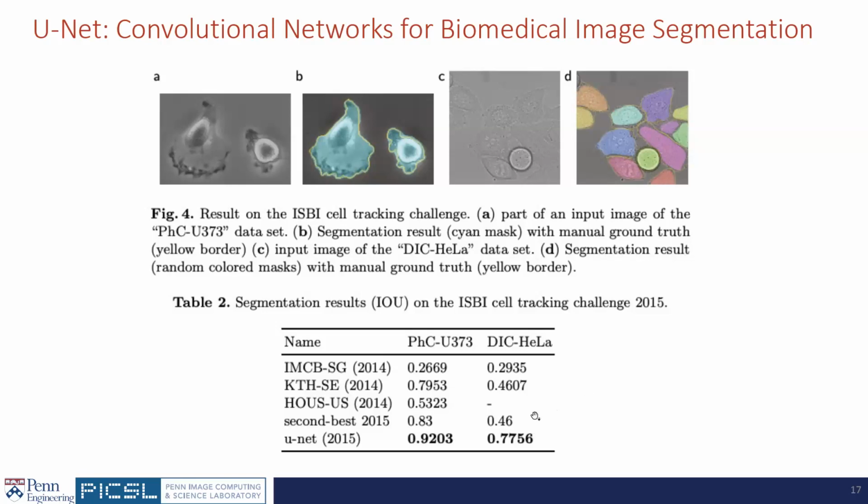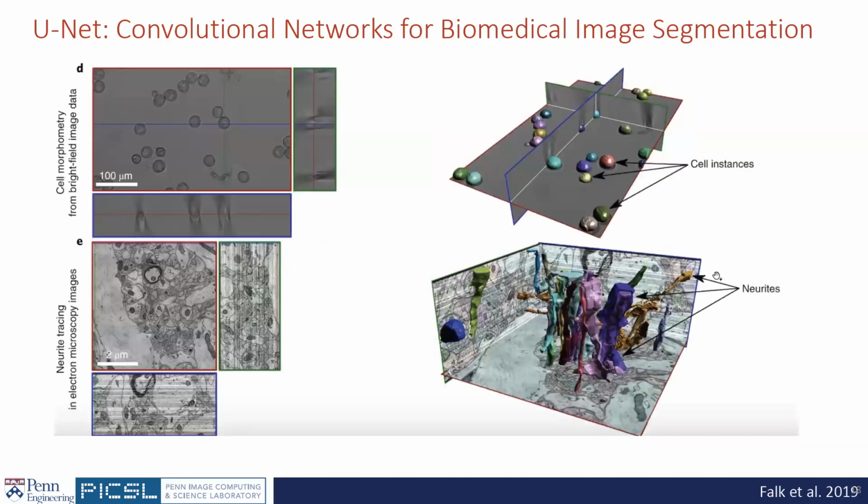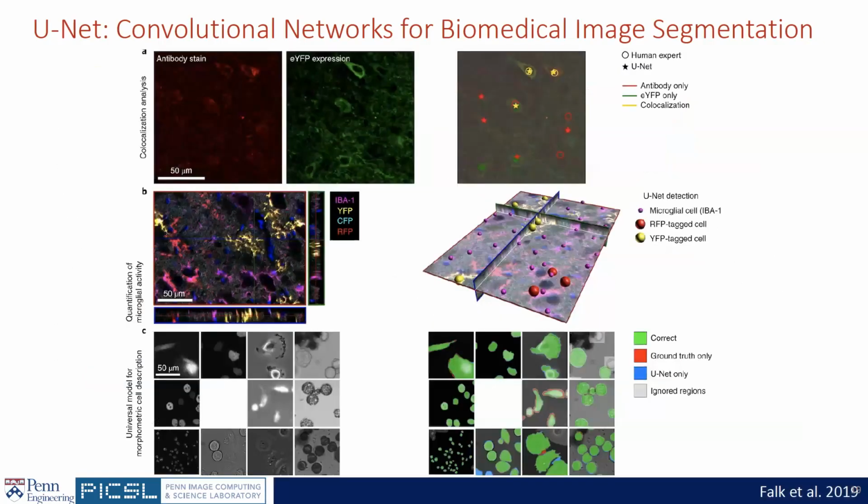And same goes with the other task, right? Well, here we see 30% increase in dice. And then there are some other examples of where the original UNet architecture was applied. So these are 3D cells and neurites segmented in 3-dimensional space.